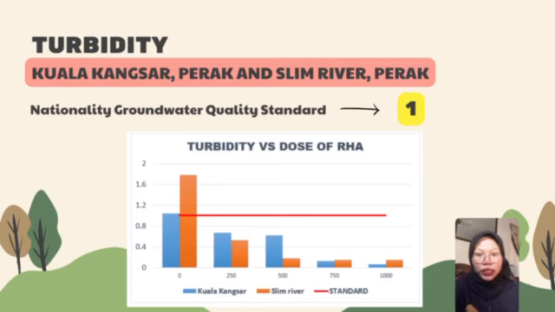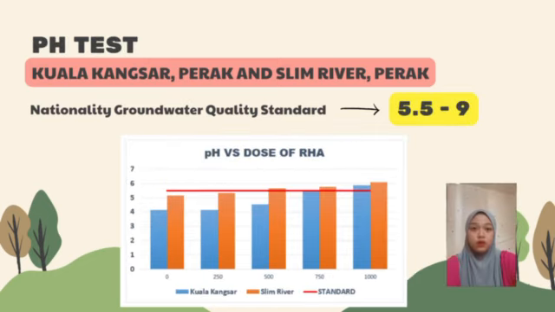Okey, graf ini merupakan perbandingan antara dua location untuk turbidity test. Kita boleh lihat pada 1000 mgl kita mendapat data turbidity yang paling rendah. Dan kita boleh lihat rice husk ash ni sangat membantulah untuk mengurangkan turbidity. Seterusnya untuk graf pH test, perbandingan antara Kuala Kangsar Perak dan Slim River Perak.